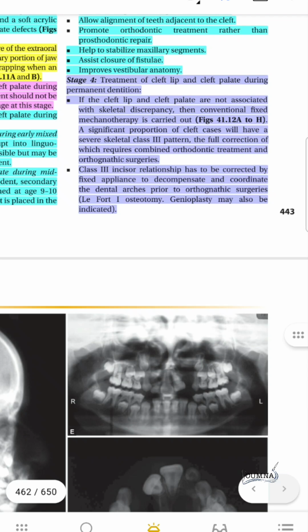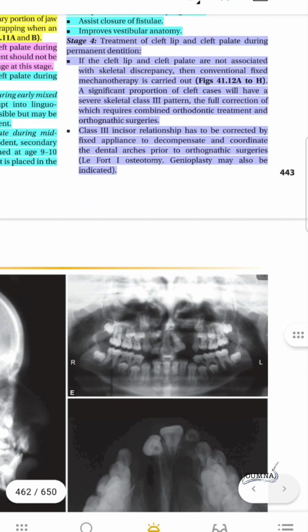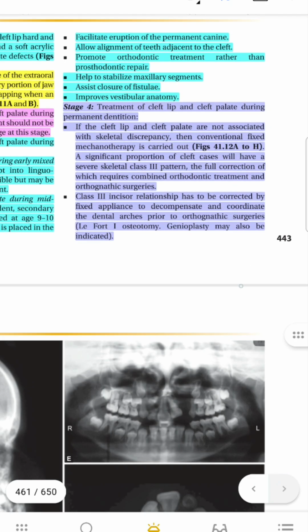But unfortunately, there is a significant proportion of the cases that have a severe skeletal class 3 pattern, which means that if you want a full correction, surgery must be done using the Le Fort osteotomy. Prior to the surgery, we do a fixed orthodontic treatment where we try to treat the incisor relationship to get appropriate final results. Thanks.